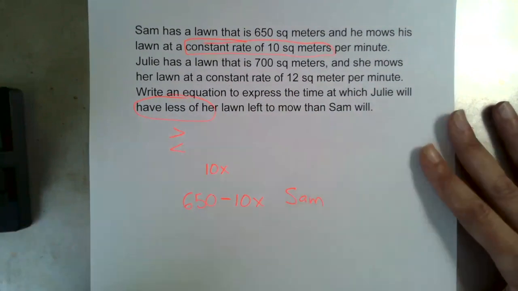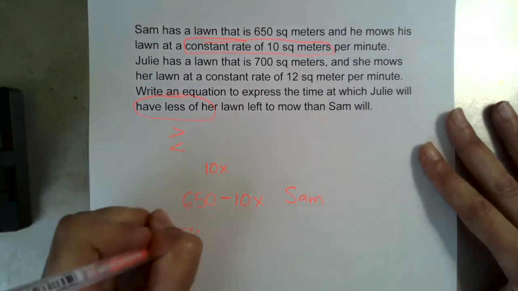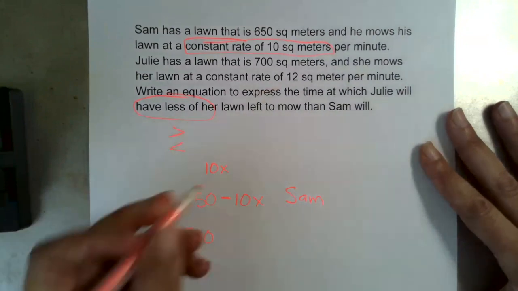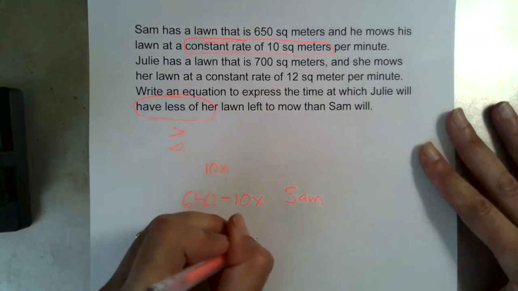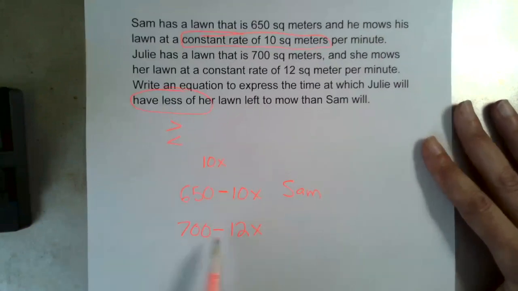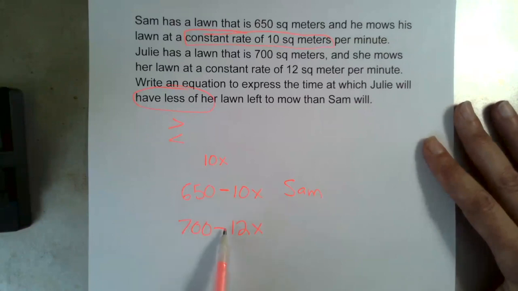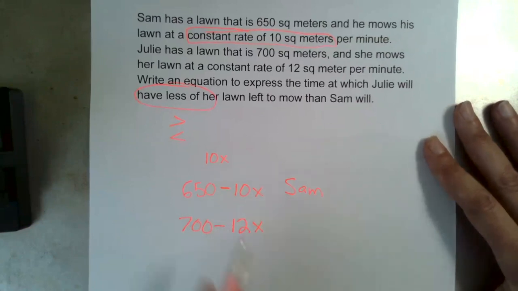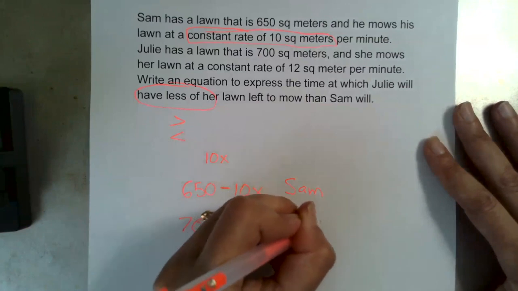And so this expresses Sam. Now let's do the same thing for Julie. She's got a lawn that's 700. She mows it at 12 square meters per minute. So I know the amount of lawn she has left is 700 minus the amount that she's mowed. So that's Julie.